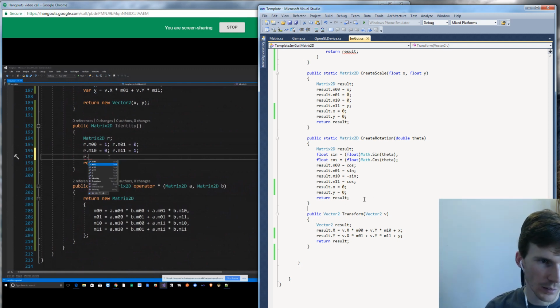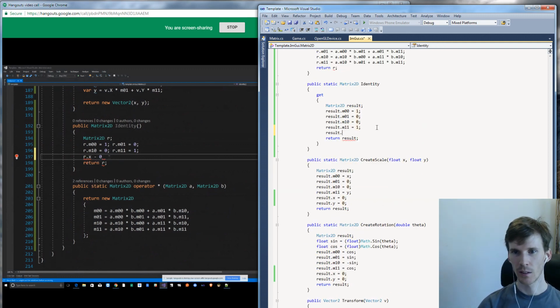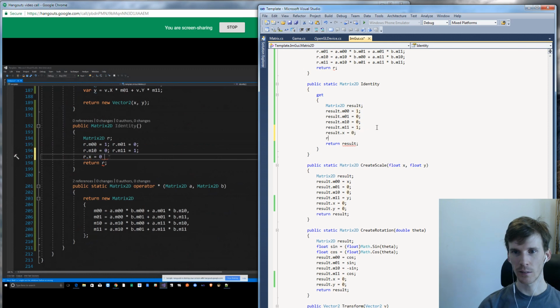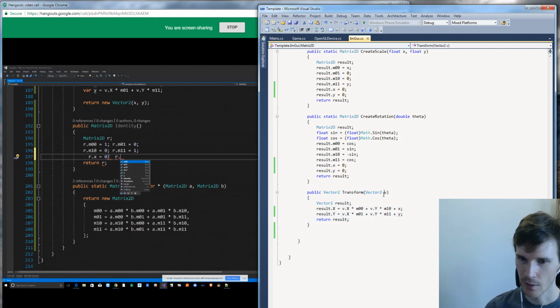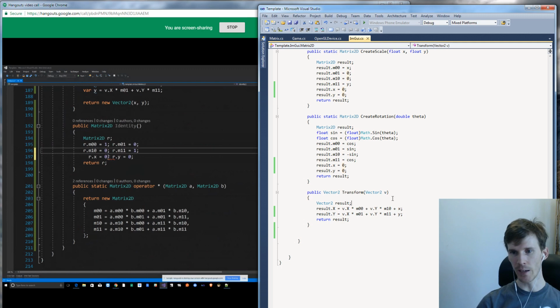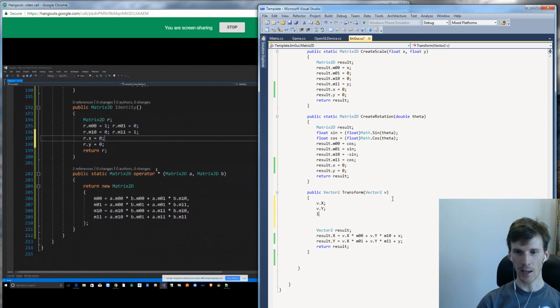Very cool. So, oh yeah, and identity is obviously very simple as well. X 0, 0. Y equals 0. Okay, so the first sort of interesting one is this transform, and I've already just slammed that in because we know that a vector v is effectively v dot x and v dot y and 1.